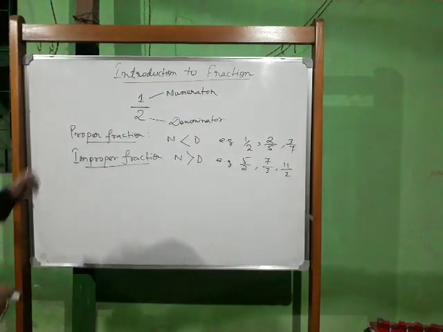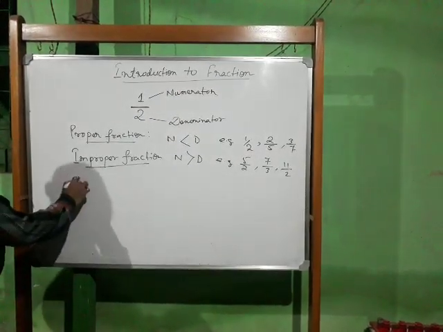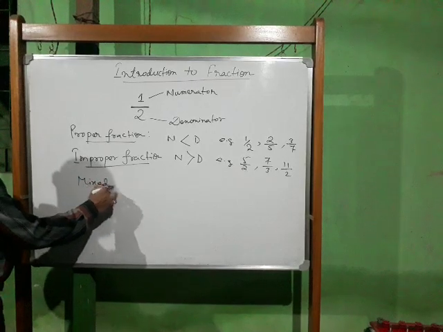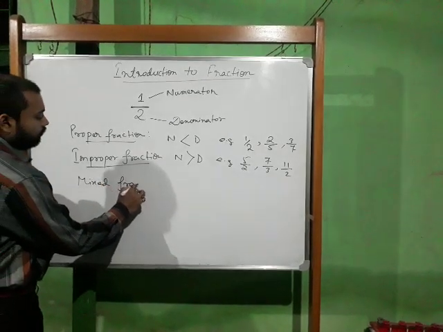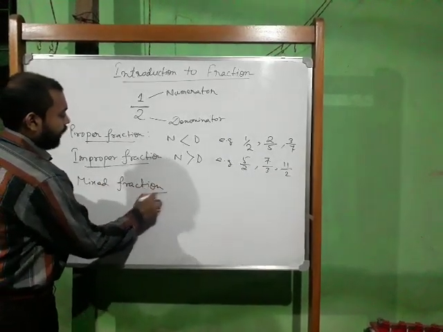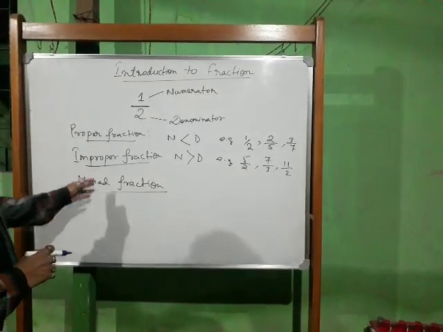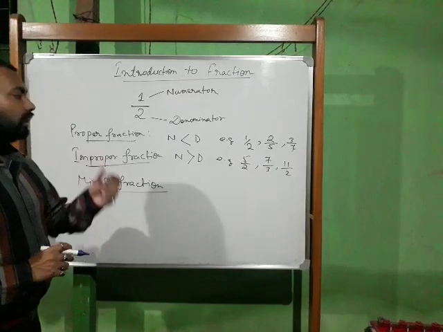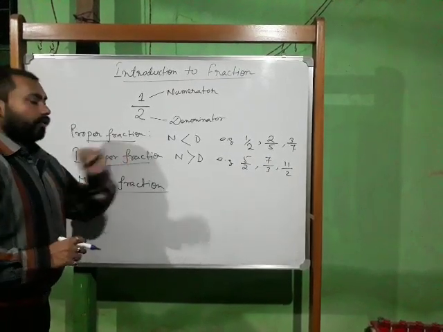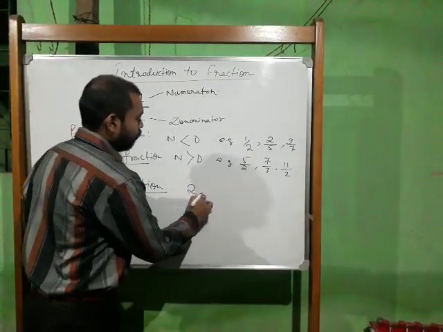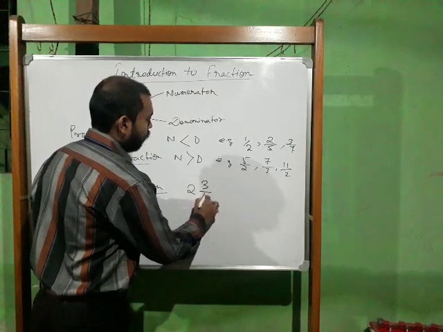Now one more, that is mixed fraction. So what is mixed fraction? As the name suggests, a mixed fraction consists of a whole number and a fraction. Suppose 2, 3 by 4.